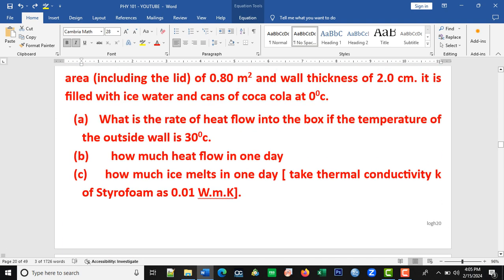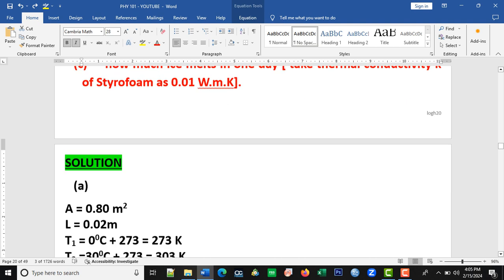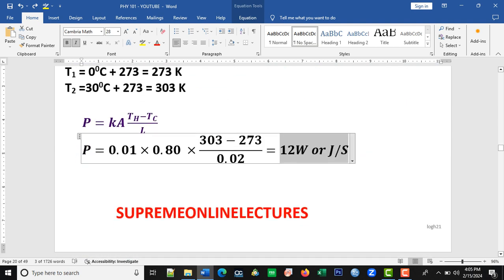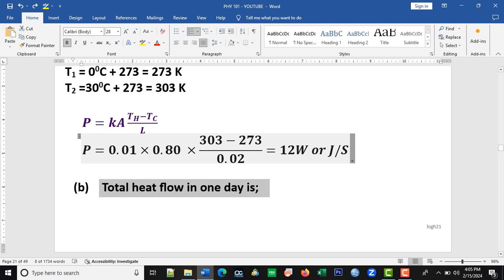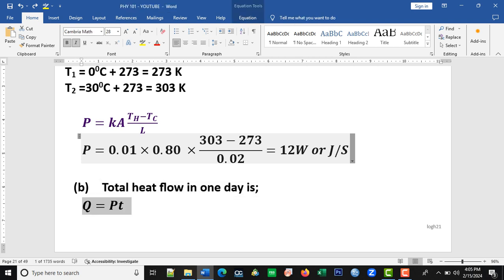Let's go back and check the second option. How much heat flows in 1 day? You're going to use this expression Q equals P times T. Okay, so of course we know that T represents the time, the day.